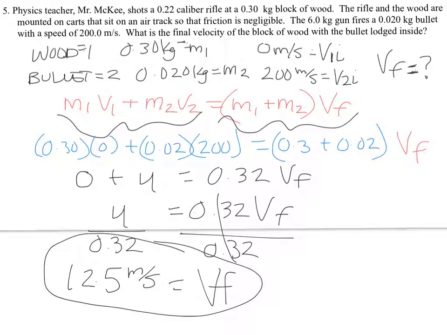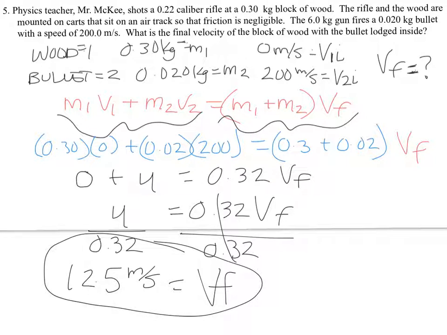All right, let's think about that, if that even makes sense. The bullet was going 200 meters per second, but the bullet has very little mass. Now it hits something much more massive than it, the wood block. Does it make sense that it went from 200 meters per second to now 12.5 meters per second?